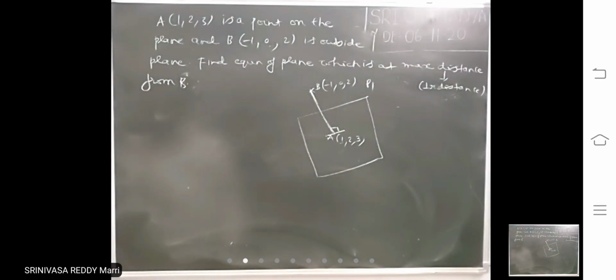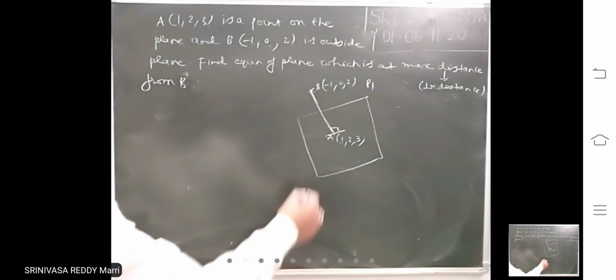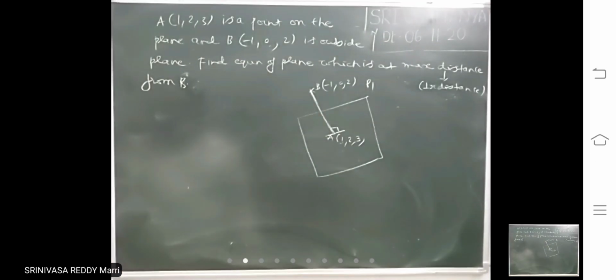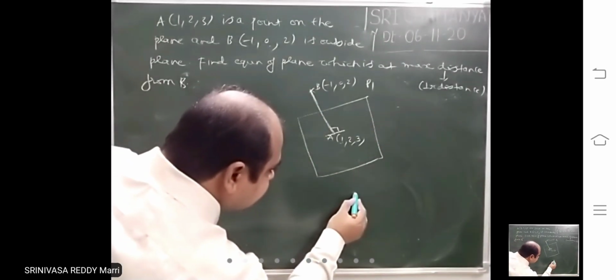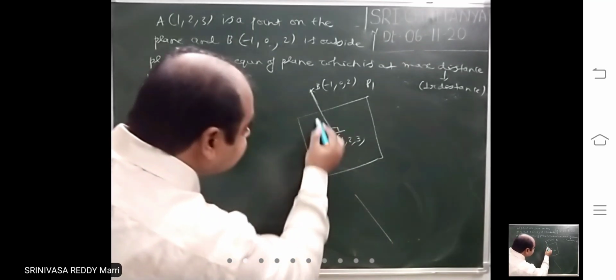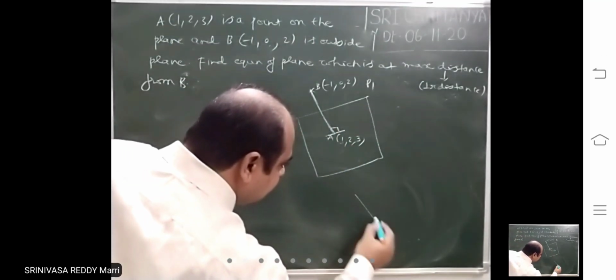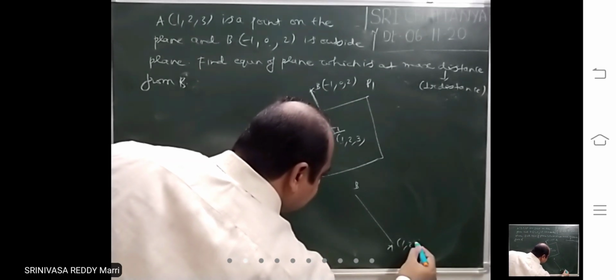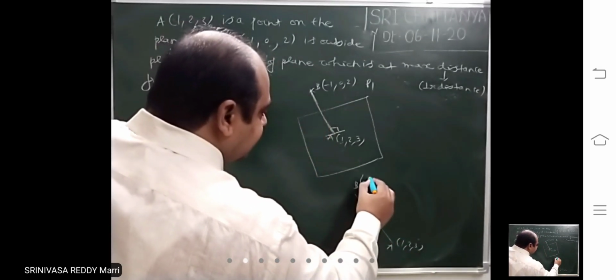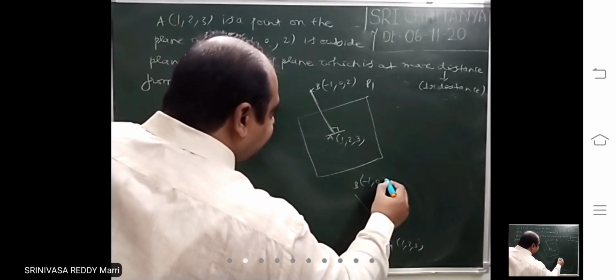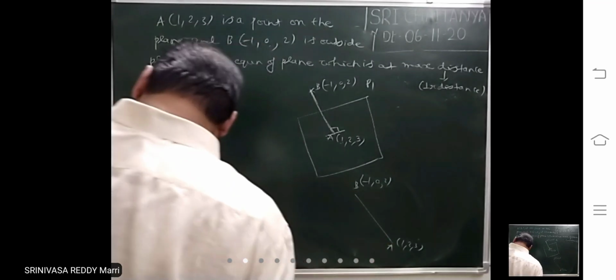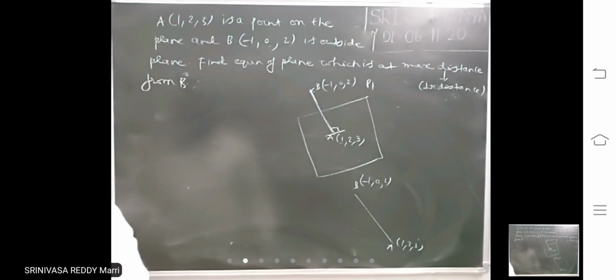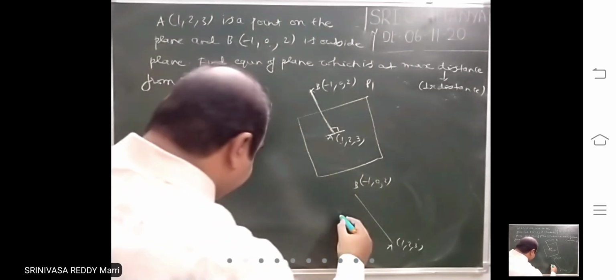Another plane I am drawing, look at another plane. The same AB is there, like this at fixed positions now, but that is not normal. That type of plane I am drawing, but that is not normal.